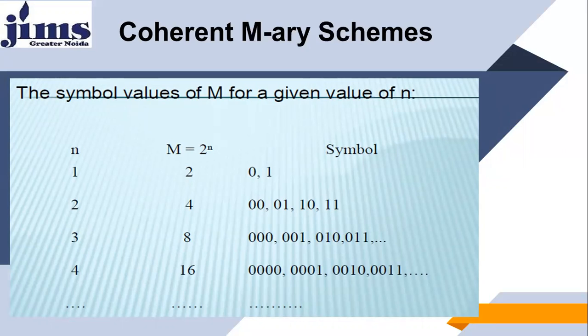In a similar way, when n is equal to 2, you combine 2 bits, and these are the 4 possible ways to form a symbol. And how many signals do we have? 4. If you combine 3 bits, then this is the possibility, and the total number is 8. So we have 8 possible signals that represent each symbol having 3 bits, right?